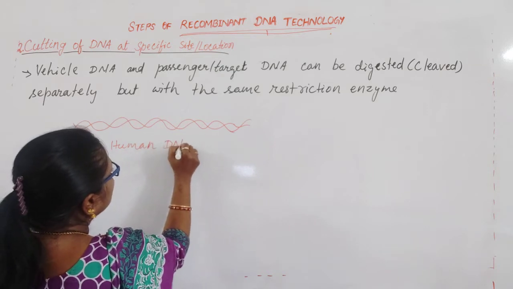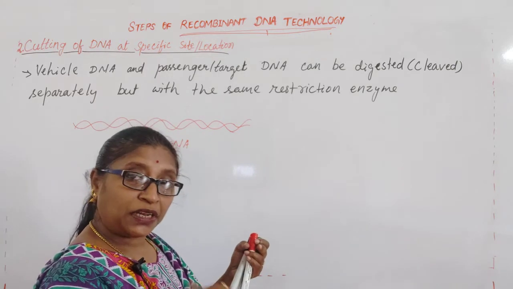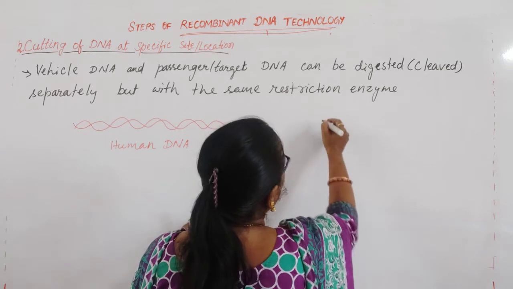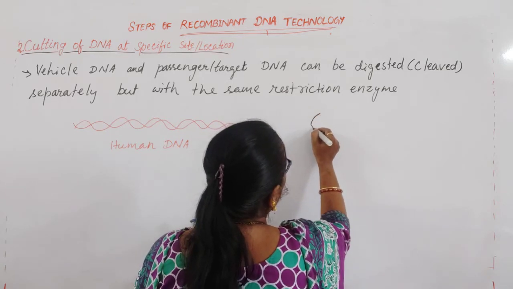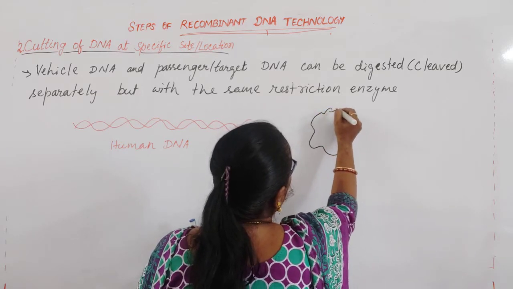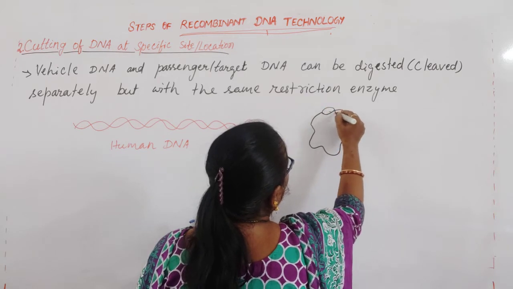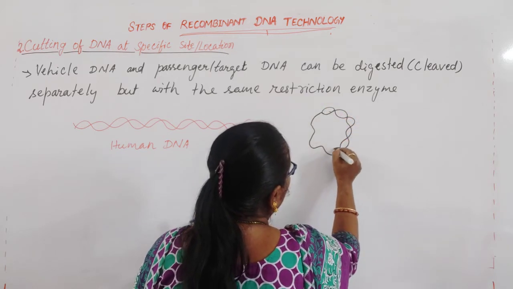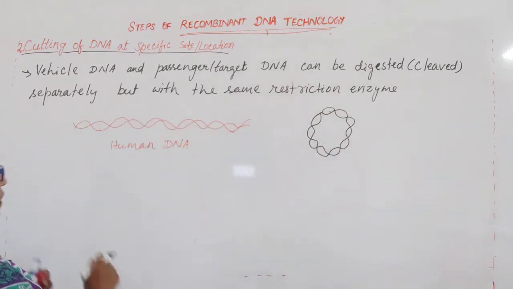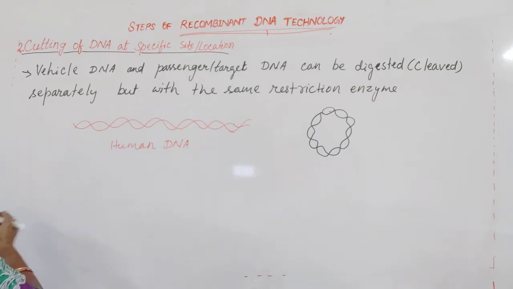We need the gene from this to synthesize insulin outside the body, and suppose this is the plasmid.